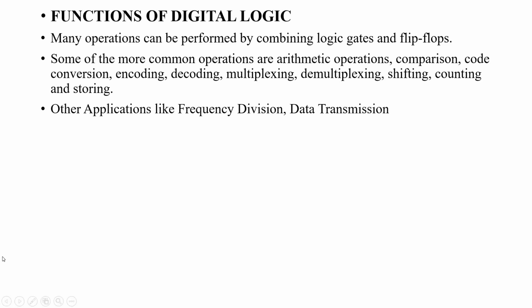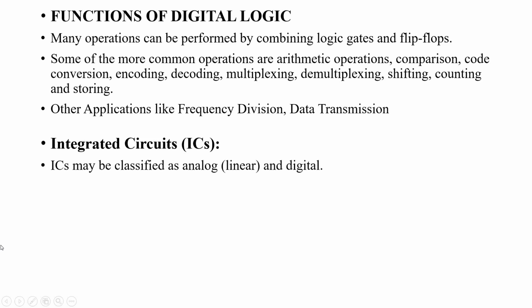We always come across the word integrated circuit. So what do you mean by integrated circuit? An integrated circuit is where we combine various logic gates together to perform a particular task.